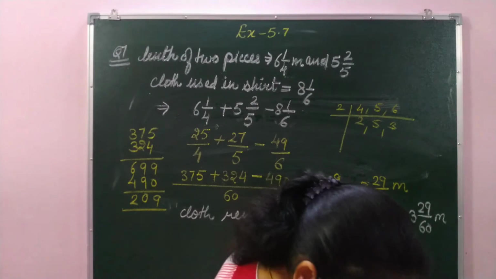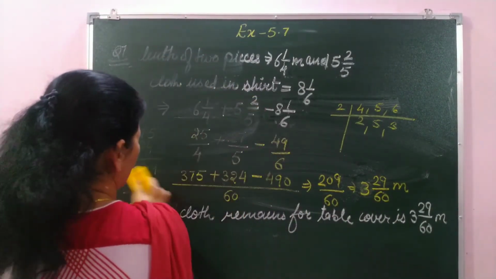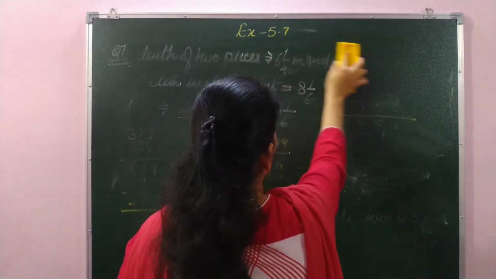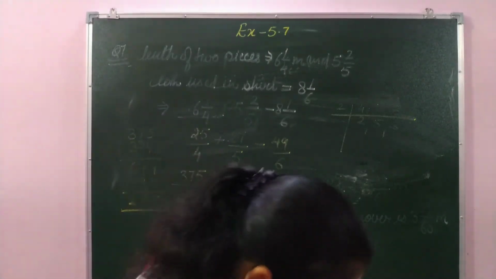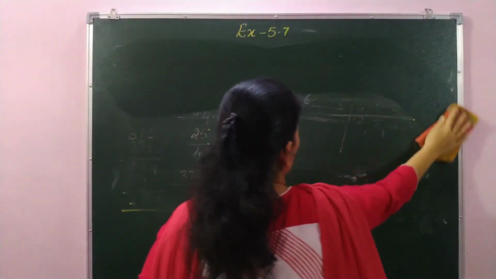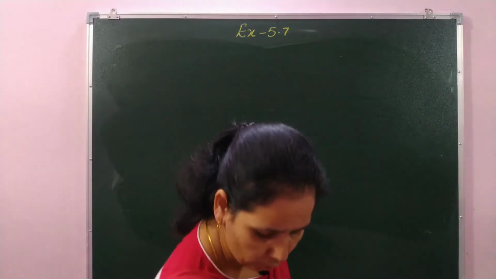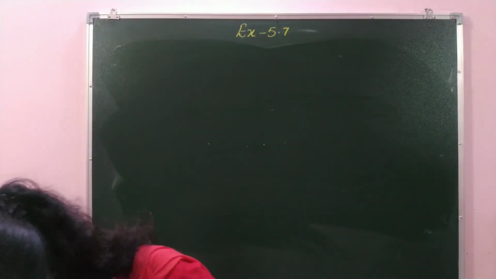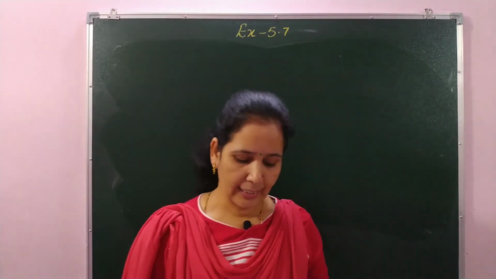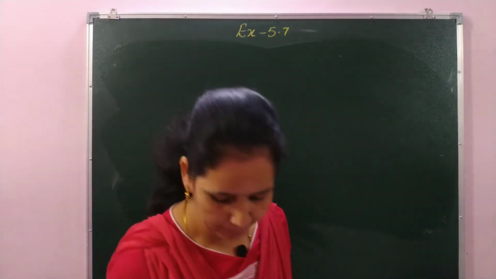Okay, students. Now then after, we are going to discuss question number 8. Okay, now in question number 8, they have given, you have to find the difference of 17 by 24 and 13 by 8, add to 5 by 12.